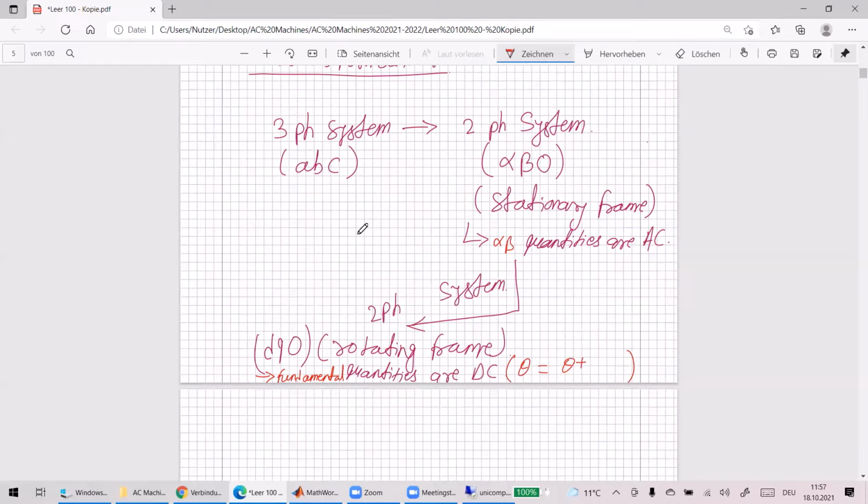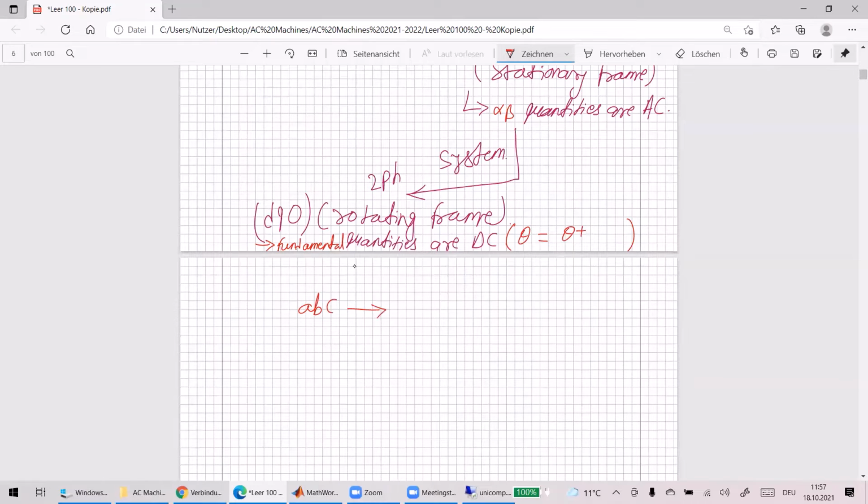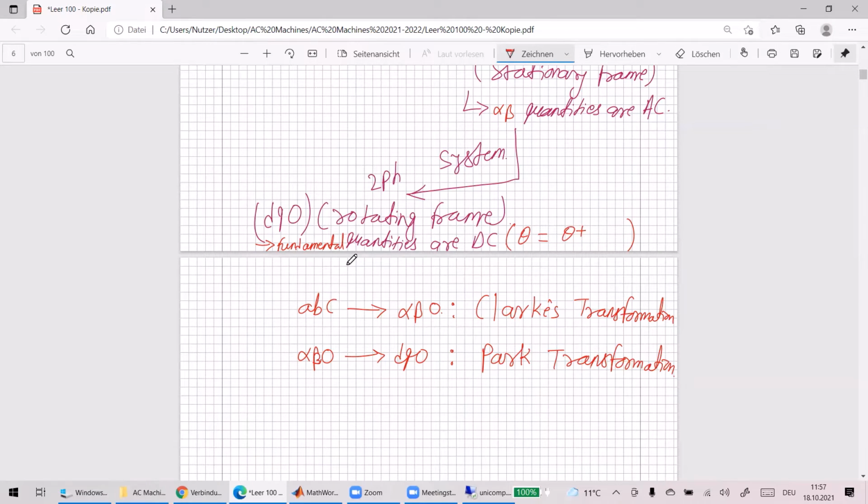This ABC to alpha beta transformation is called the Clarke transformation. And alpha beta to DQ0 is called the Park transformation.